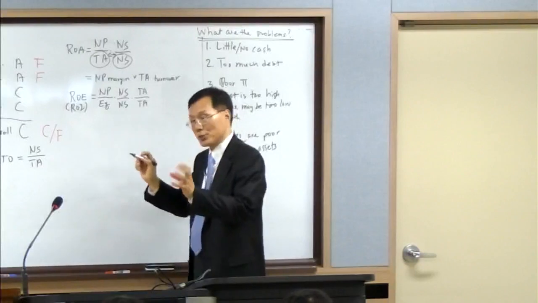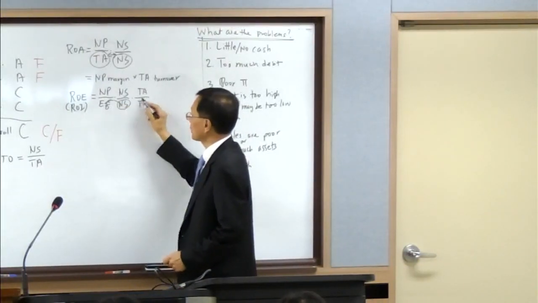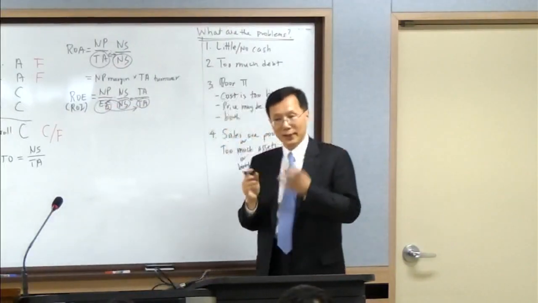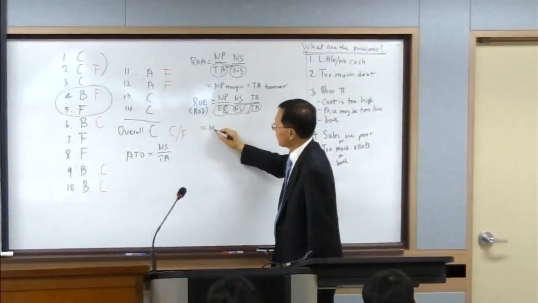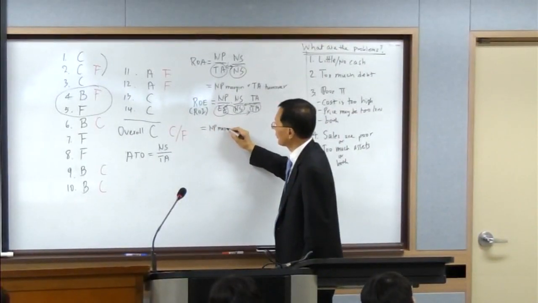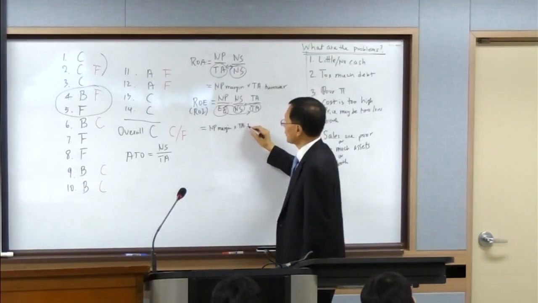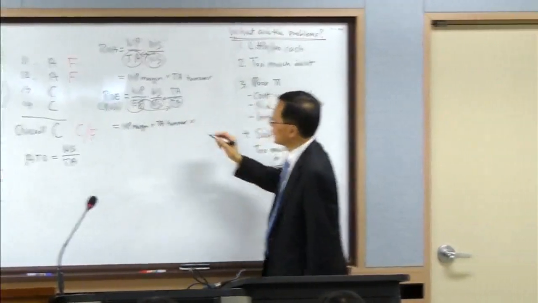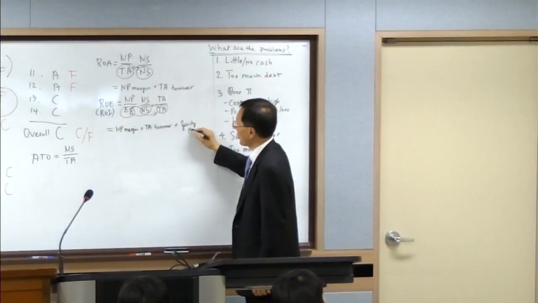And change the position: bring net sales to here, total assets to here, and equity to here. And rearrange the terms. It's net profit margin times total asset turnover times equity multiplier.